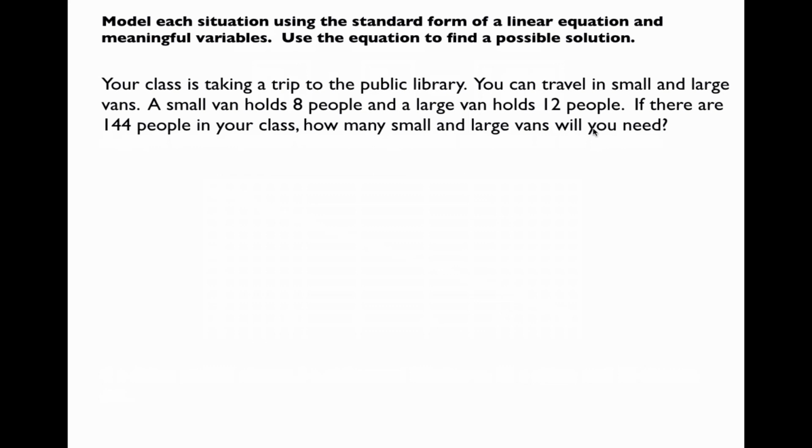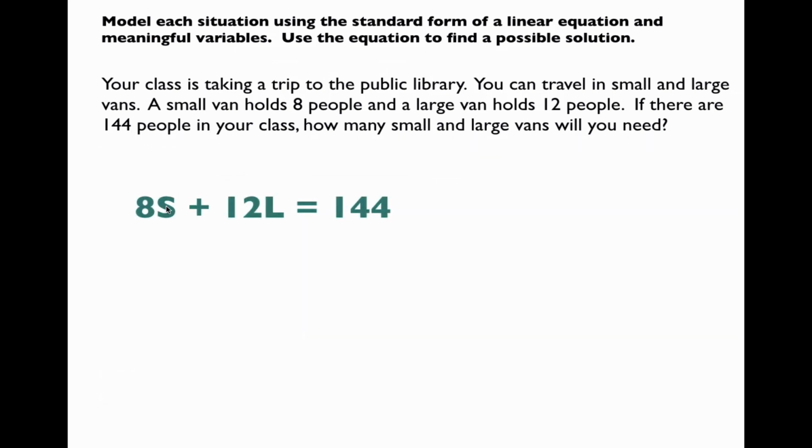All right, to model this situation, what we need to do is figure out how many students are traveling in small vans, how many total students are traveling in large vans, and we set that equal to the total number of people in our class, 144.